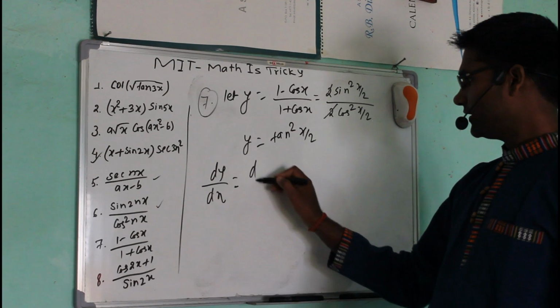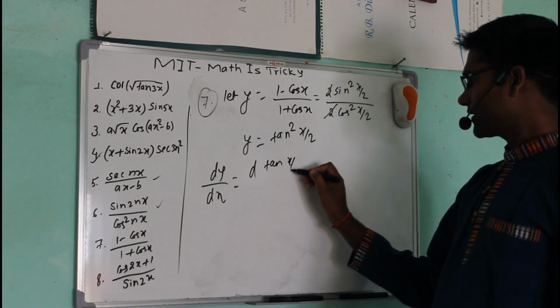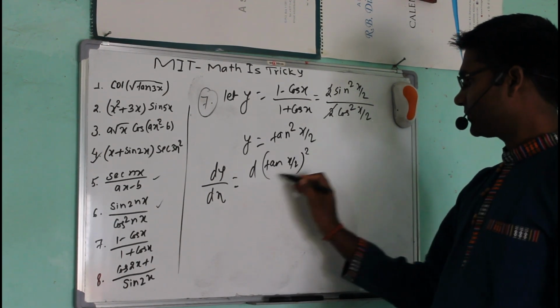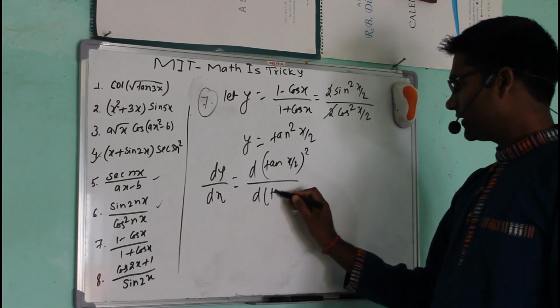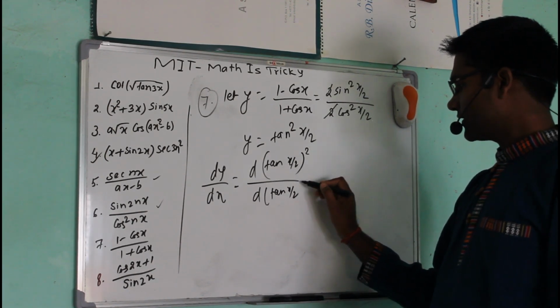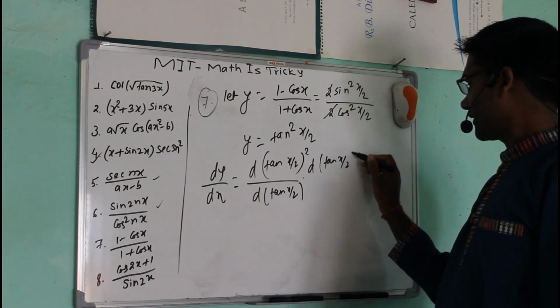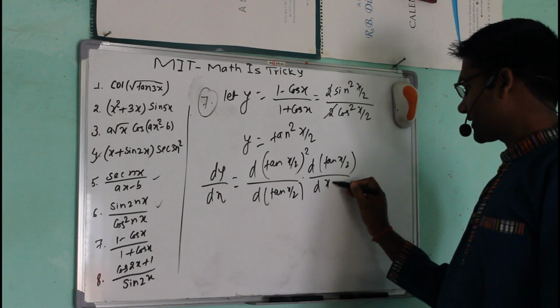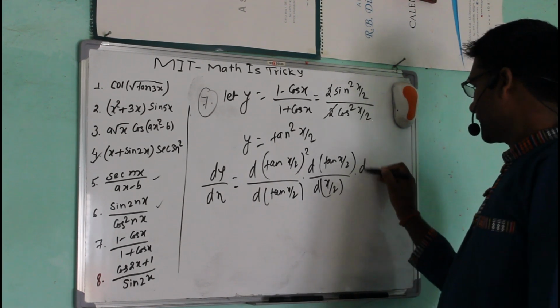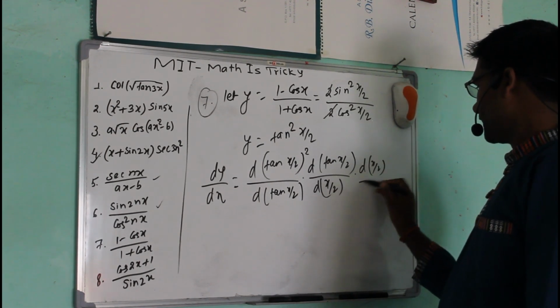So first, d (tan x by 2) whole square by d (tan x by 2). Let's use chain rule. So d (tan x by 2) by d (x by 2) into d (x by 2) by dx.